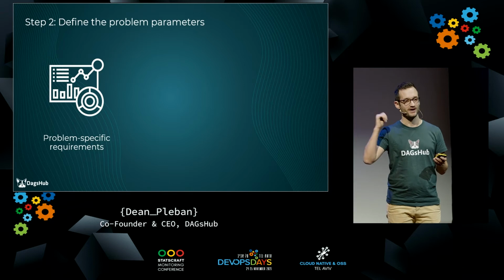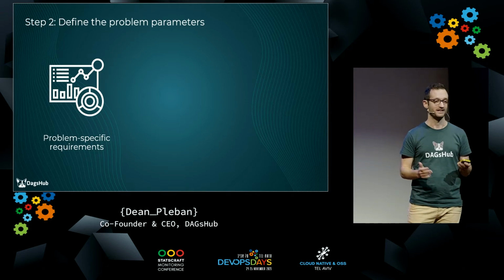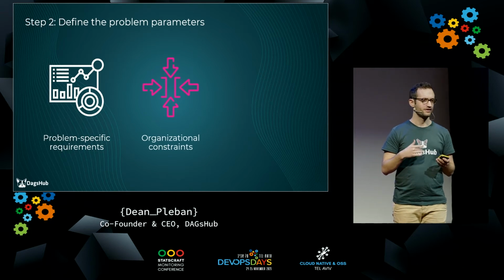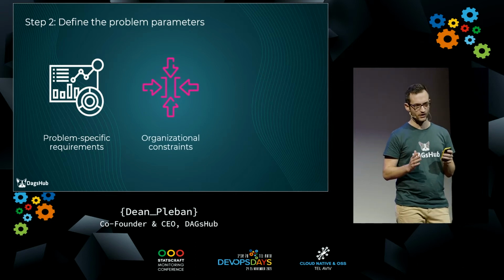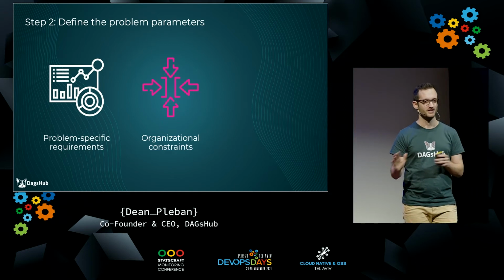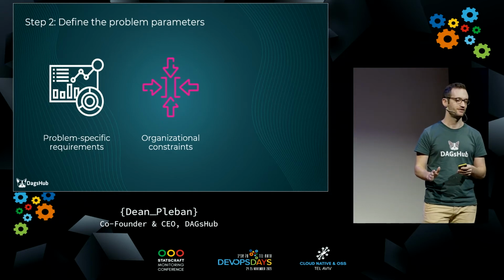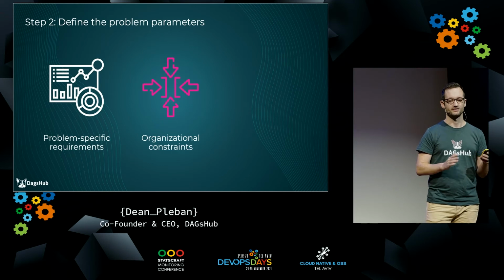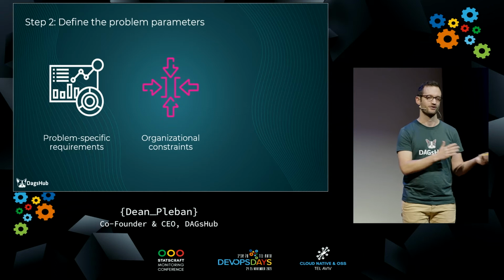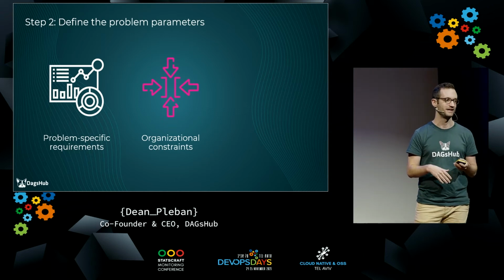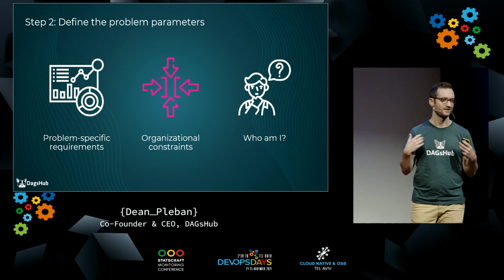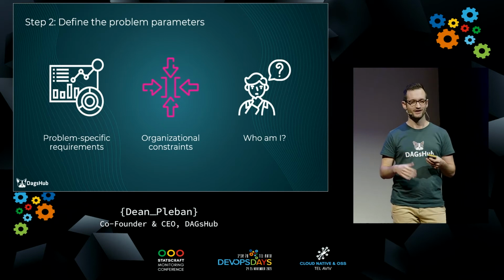Or could it be changed retroactively under my feet and I have to handle that? Another set of questions are going to be around organizational constraints. So what are the systems that are already in use in my company and this tool needs to support? Can we change the schema of our database in order to support a tool that we're going to evaluate? Things like that.